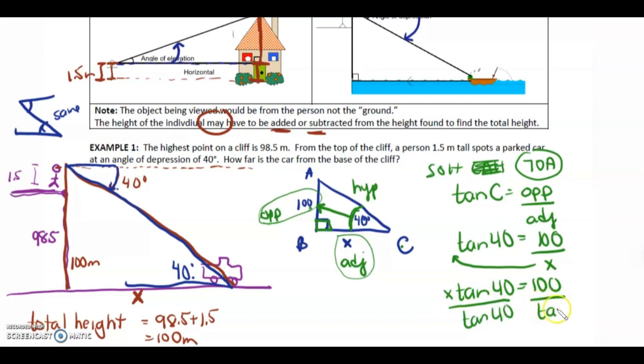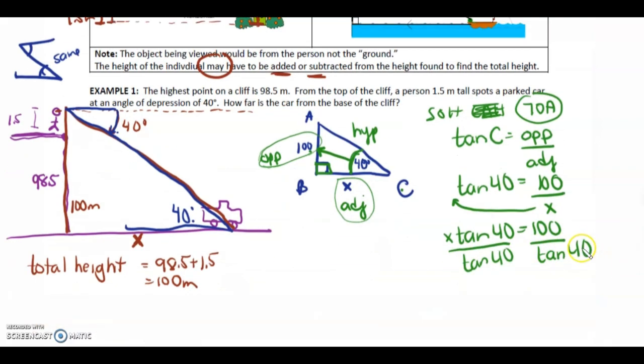Remember, if you put tan 40 into your calculator, you're just going to simply get a number, okay? So these two tan 40s cancel out. And for 100 over tan 40, we get 119. Let's just round to 119. And that will be in meters.